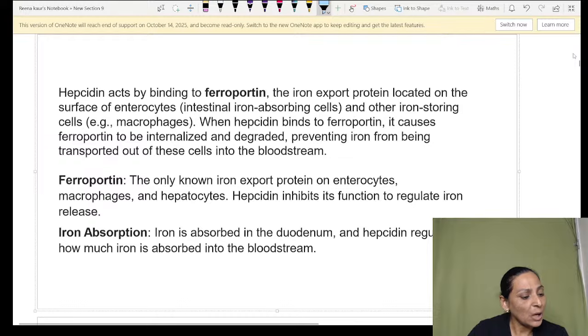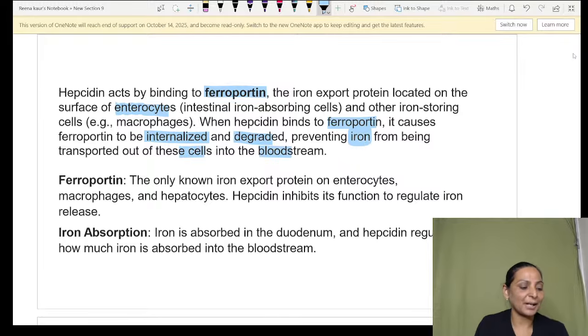How does this hepcidin act? It binds to ferroportin. I'll show you another figure where you will see that ferroportin is an iron export protein present on the surface of the enterocytes. So when hepcidin binds to ferroportin, it causes the ferroportin to be internalized and degraded, and thus it prevents the iron from coming out of the cells into the bloodstream.